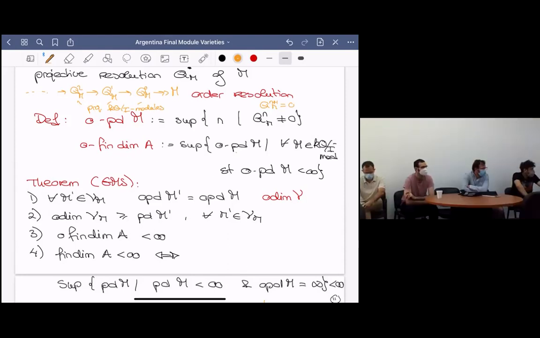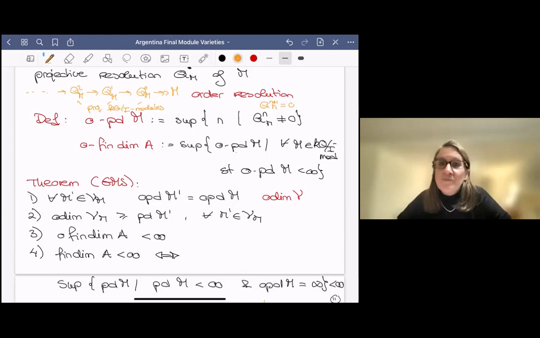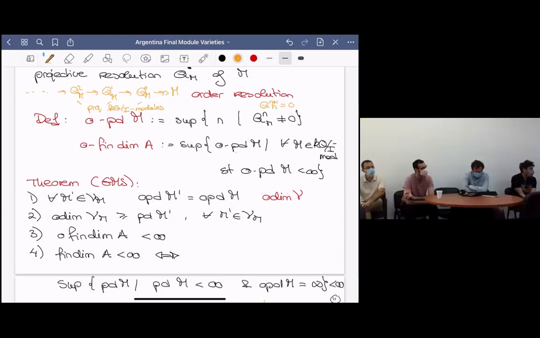So my question is, is this set big or small? I don't know. Because if it is a countable intersection of open sets and non-empty, then it's really big in the variety.